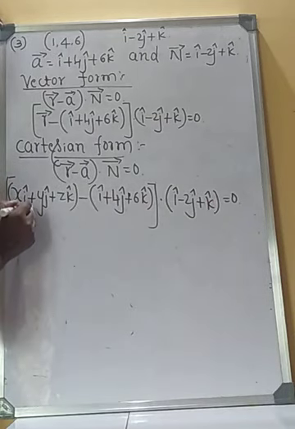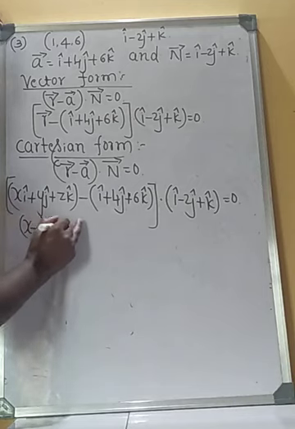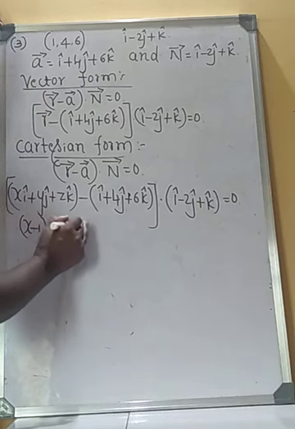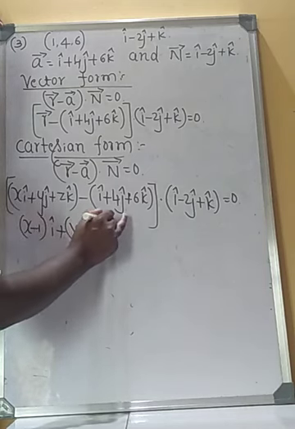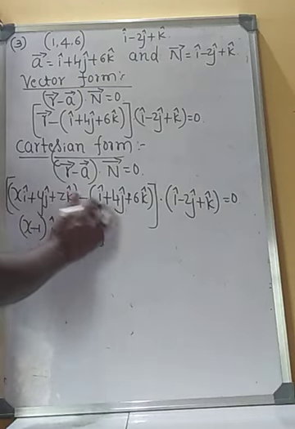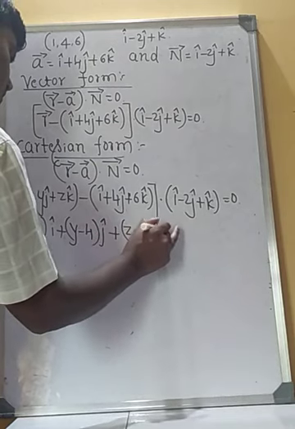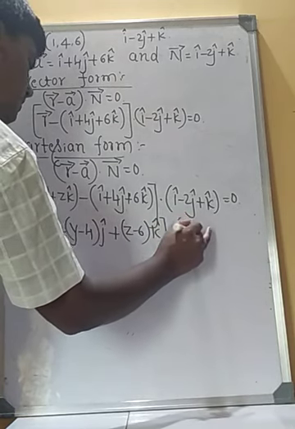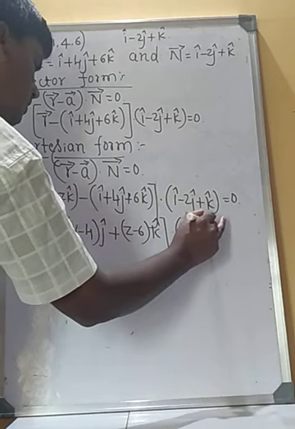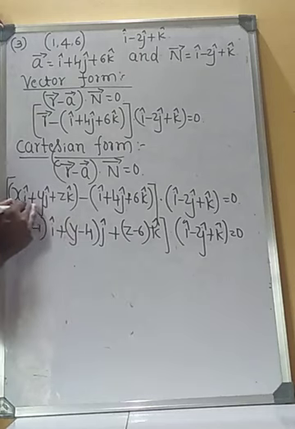So therefore (x minus 1) into i plus (y minus 4) into j plus (z minus 6) into k, dot i minus 2j plus k equal to 0.